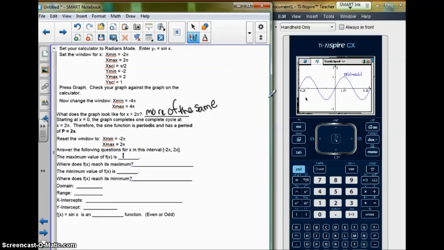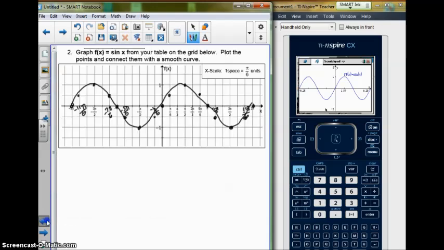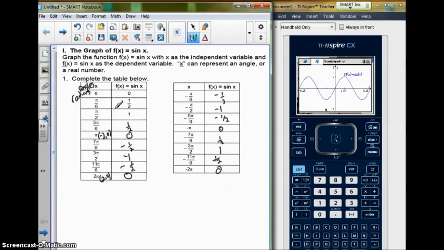Okay, now if you need to, because it's not as easy to look from the graph, go back a page and see where this happened. So where was f of x equal to 1? That happened at pi over 2, and then again at negative 3 pi over 2.